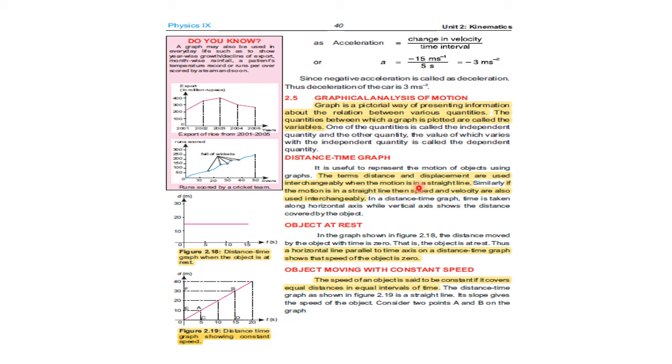As you know the definition of displacement, it is the shortest distance covered by the body, whereas distance is the total length of the path. So when the body has covered the smallest distance, and that is also the displacement for that path, we can use these two terms interchangeably.